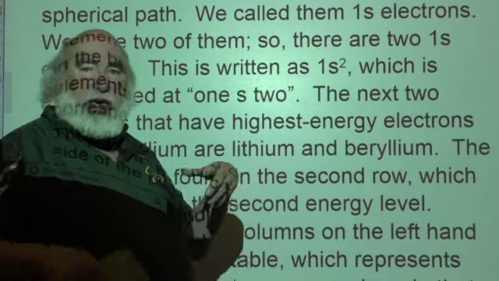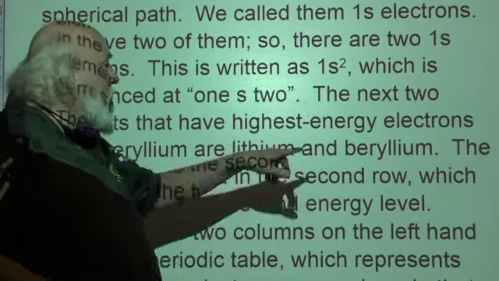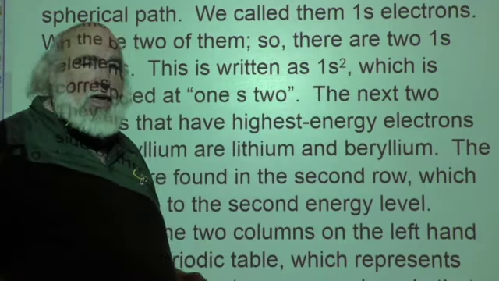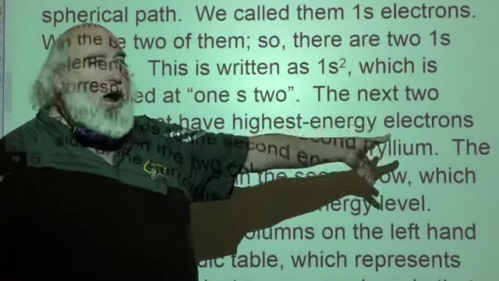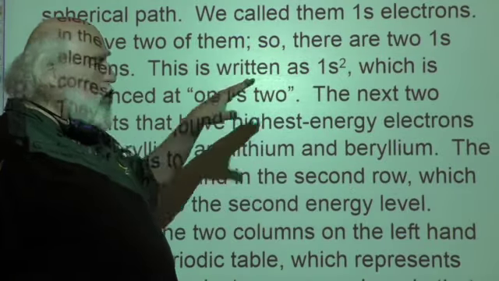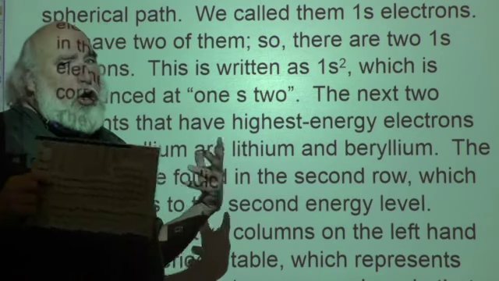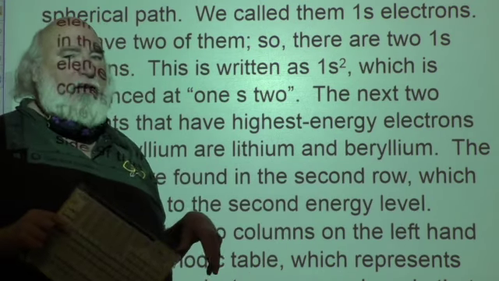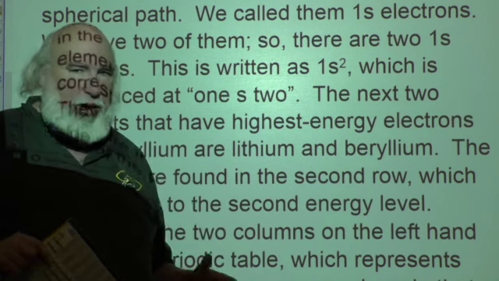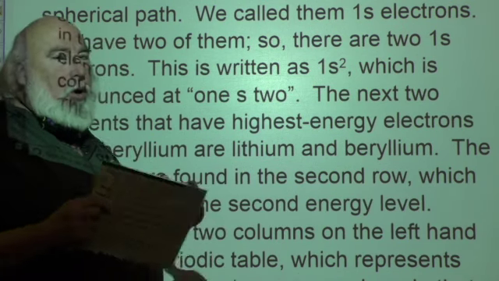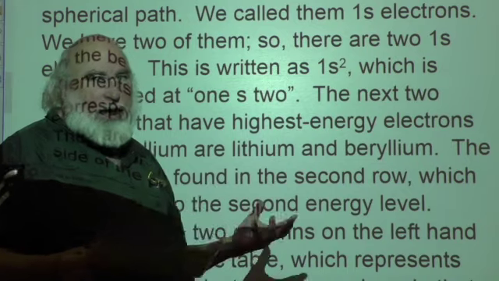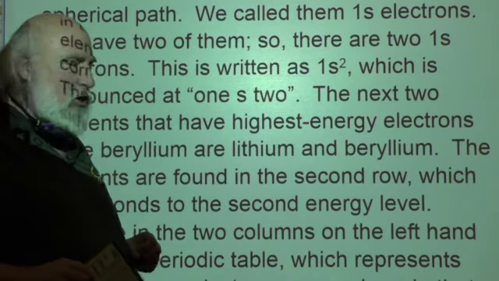The s describes the s electrons in the spherical paths, and the 2 says we have 2 electrons in that path. We don't say 1s squared, we say 1s2. They look like exponents, but they don't have the meaning of an exponent in mathematics. We are giving it its own meaning in chemistry.